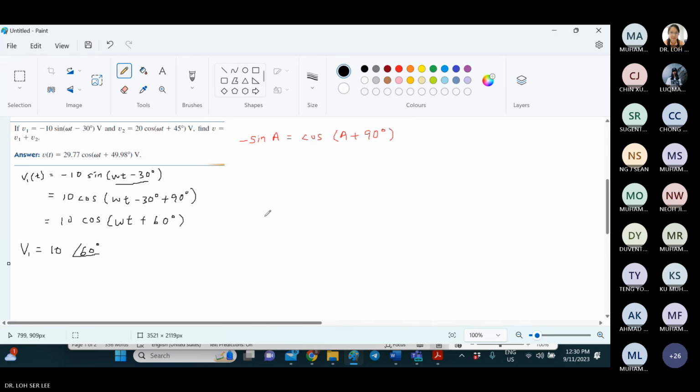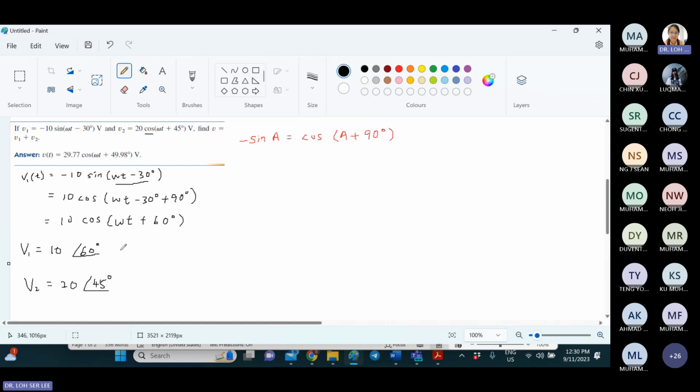Okay, next one, V2. V2 is cos, so we can take positive cos. So we can get the V2 directly, 20 angle positive 45 degree. So this is our two phasors.